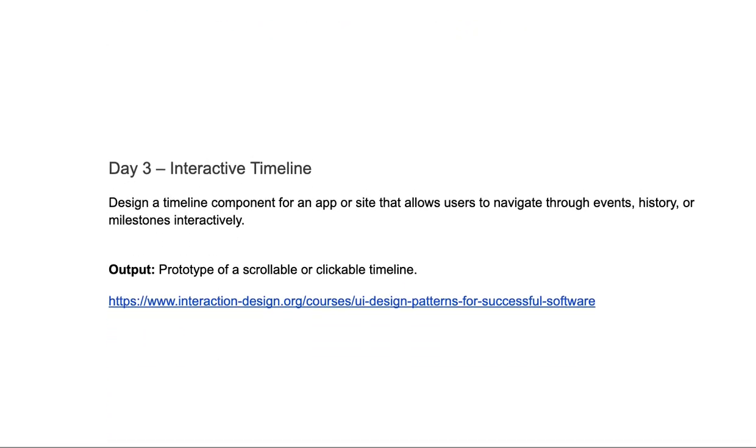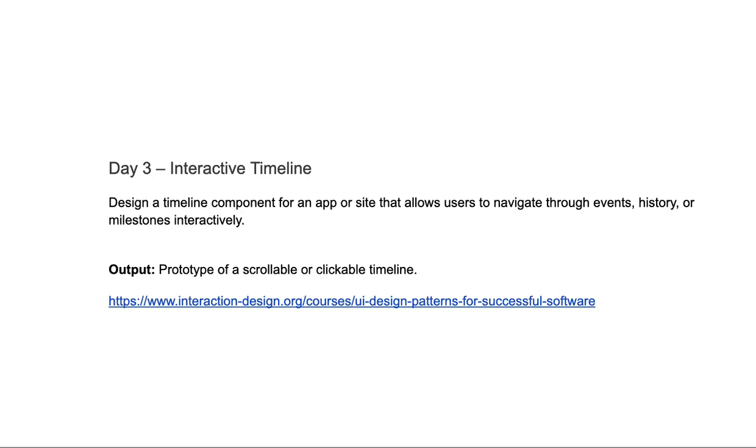Make an interactive timeline for day 3. So design a timeline component for an app or site that allows users to navigate through events, history, or milestones interactively. A timeline component can be a progress bar. It can be, for instance, in the history example, just points in time in the past that allow you to explore something and learn about it.